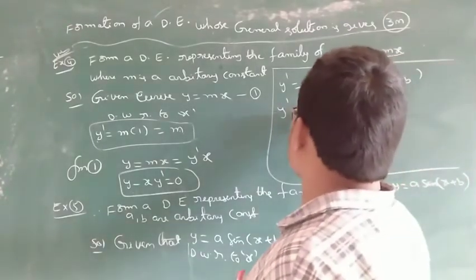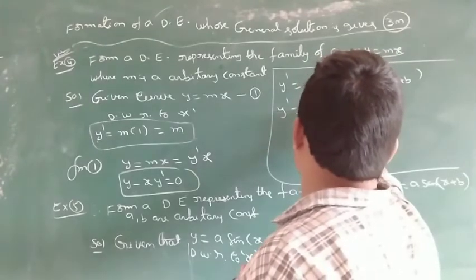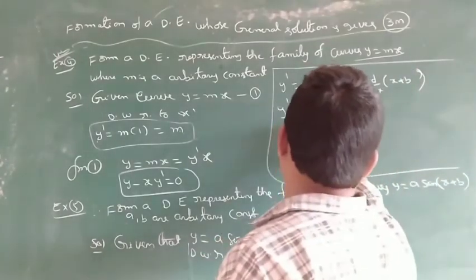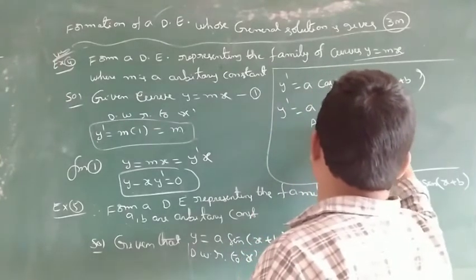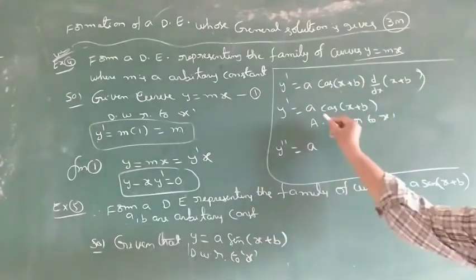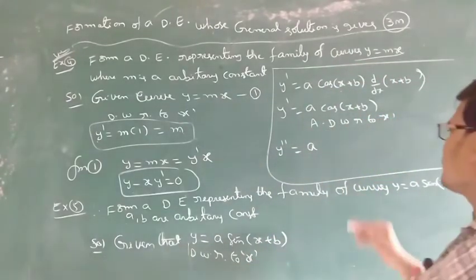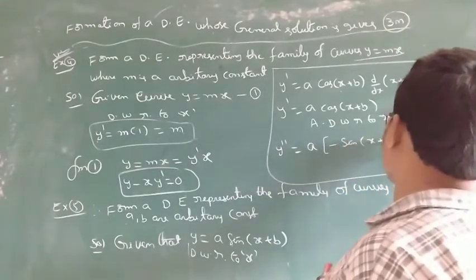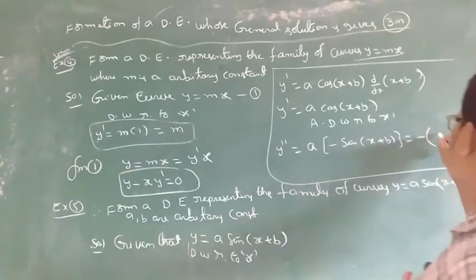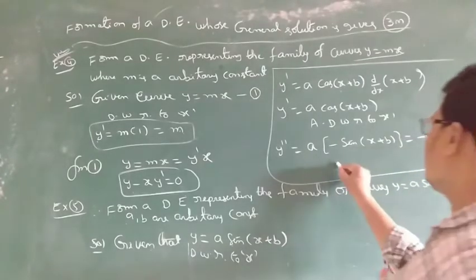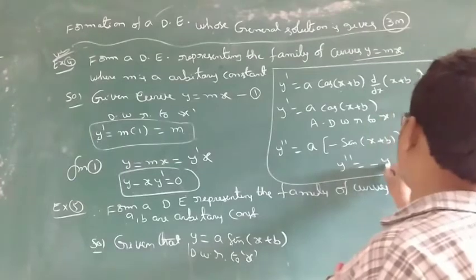So y dash is equal to a into cos of x plus b, the derivative of x is 1 plus constant derivative 0. Again derivative with respect to x: y double dash is a into derivative of cos x. Derivative of cos x is minus sine of x plus b, that is equal to minus a into sine of x plus b.